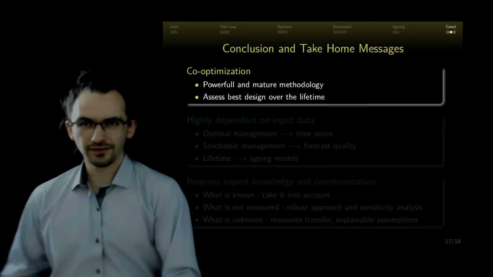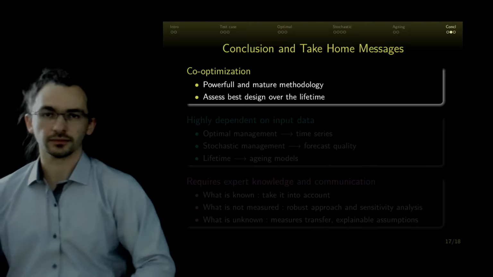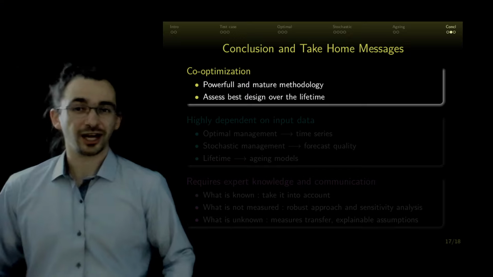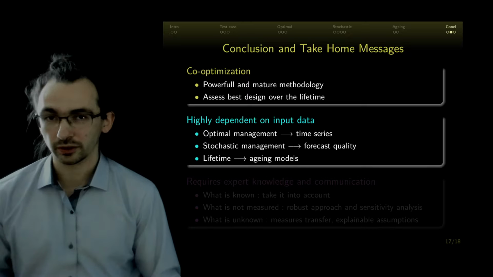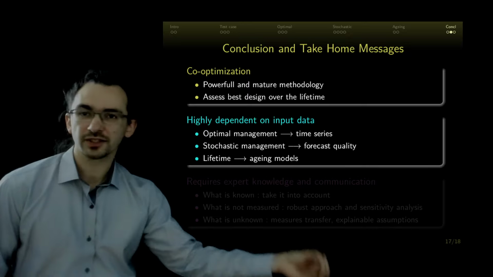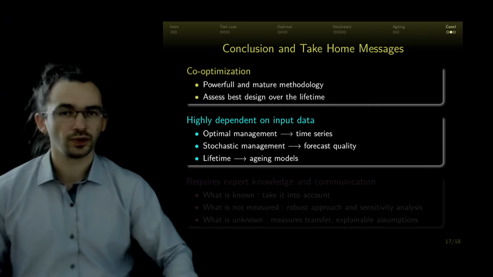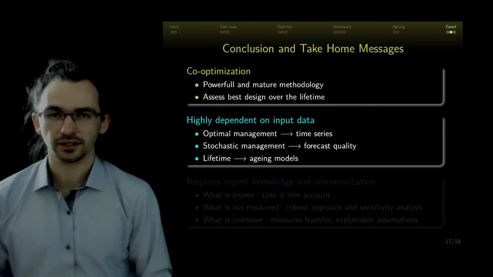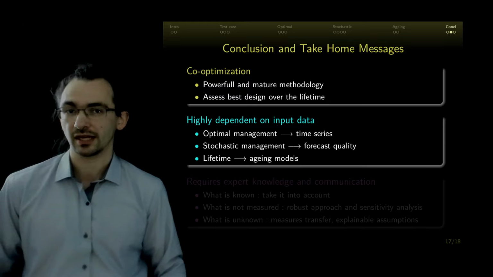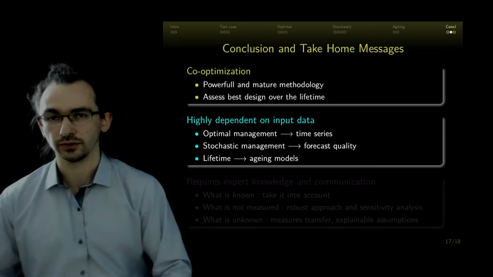However, even if it is mature and ready to use, when I want to use that in the real world, the end result of a co-optimization will be very highly dependent on all the input data, and it is what I've tried to illustrate.